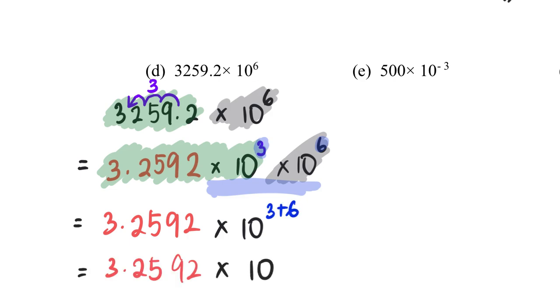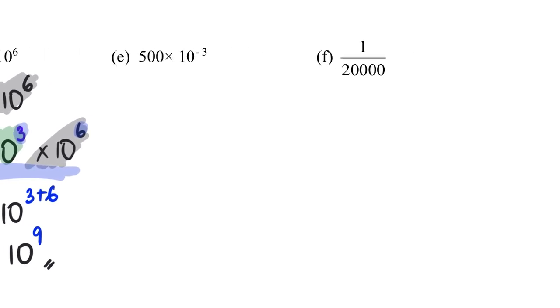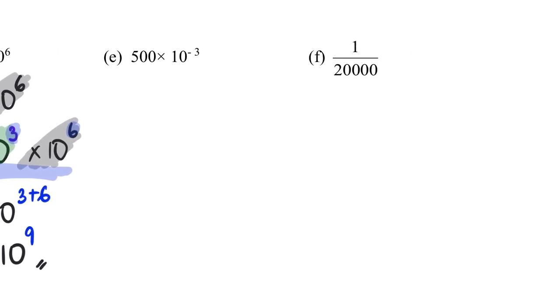Multiply by 10 to the power of 9. And for part E, where we would have 500 times 10 to the power of negative 3. If there's no decimal point, where's the decimal point?